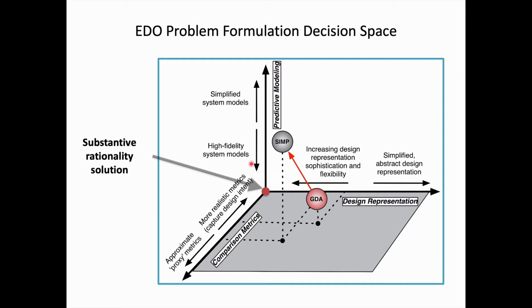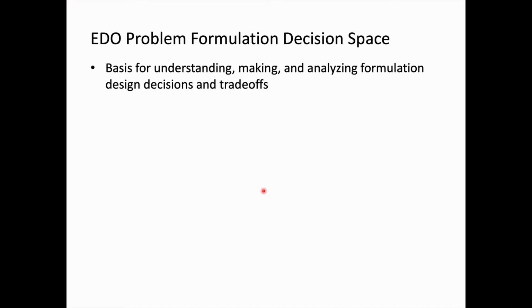This origin is sometimes referred to as the substantive rationality solution. This ideal, probably unattainable, perfect formulation. This problem formulation decision space is our basis for understanding, making, and analyzing formulation design decisions and trade-offs. It's important to keep in mind that when I talk about the formulation decision space, this is distinct from the design space.